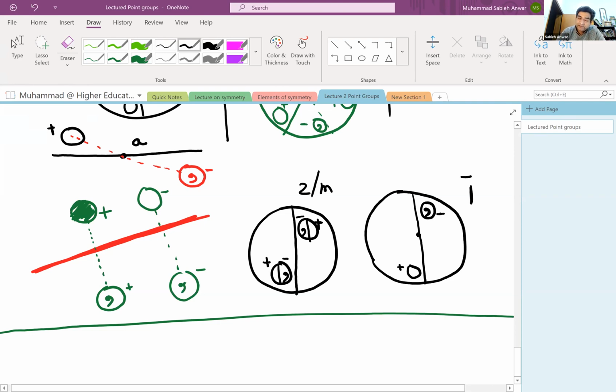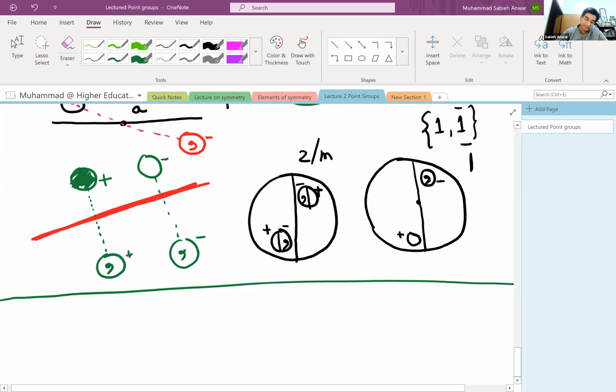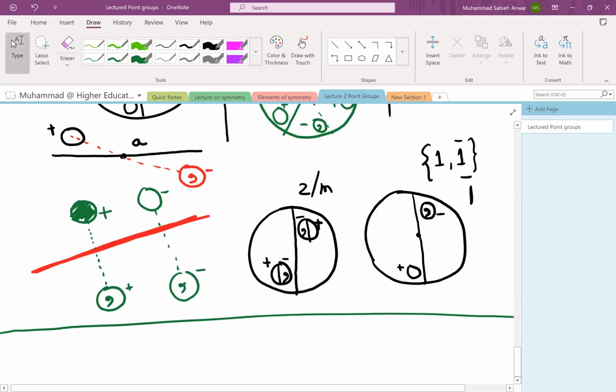There's a difference between these point groups. This point group contains the elements 1 and 1 bar. This point group has more elements to it. The particular operation that you were mentioning is the same, but when we look at the point group, we have to look at all elements of the point group. I hope I've explained the answer to your question. One bar might be the same as another operation of another point group, but the point groups themselves are different.